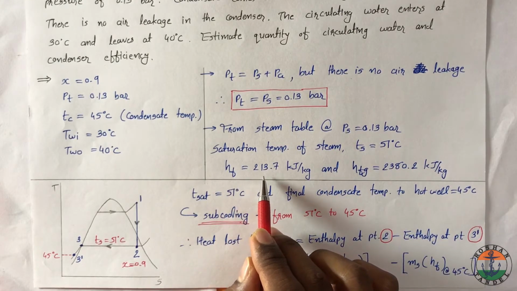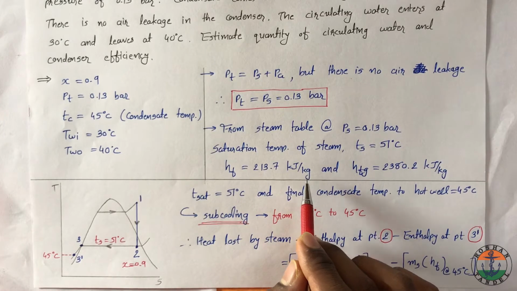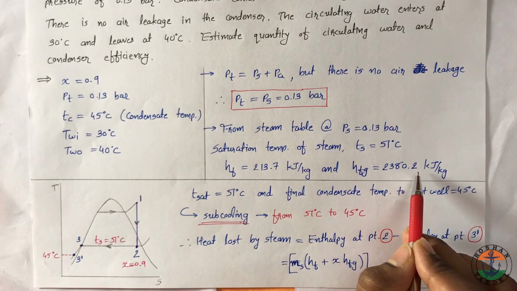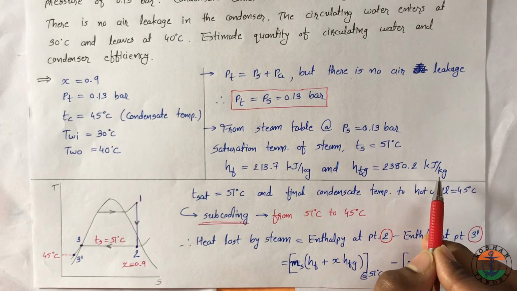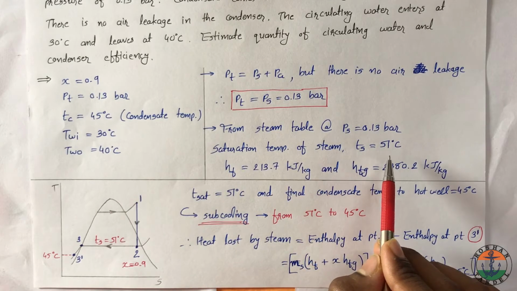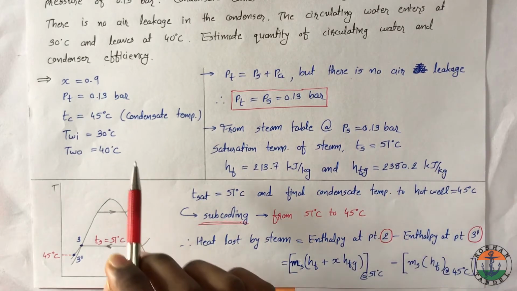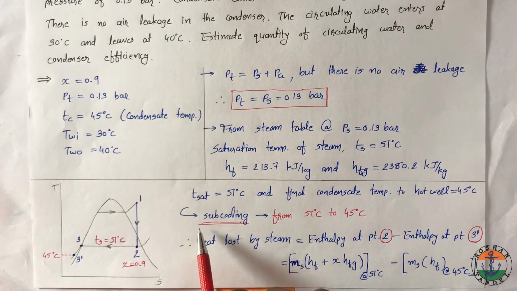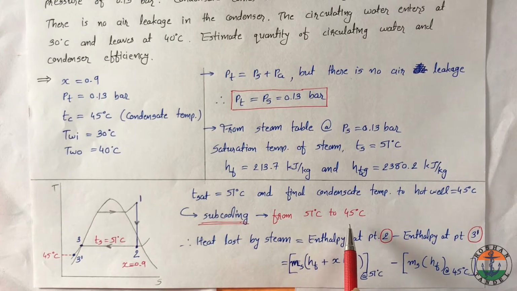HF is equal to 213.7 kJ per kg and HFG is equal to 2380.2 kJ per kg. Here, saturation temperature of steam is 51 degrees Celsius and condensate temperature is 45. It means there will be a subcooling from 51 degrees Celsius to 45 degrees Celsius.